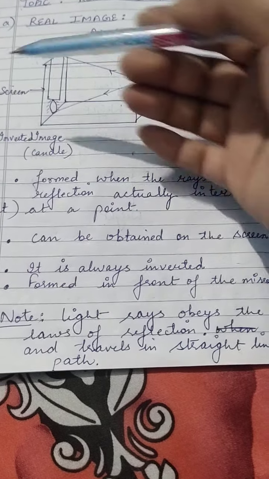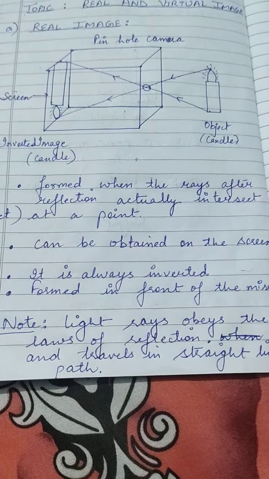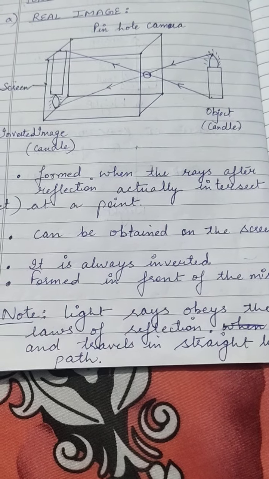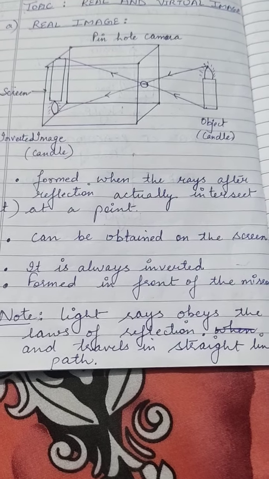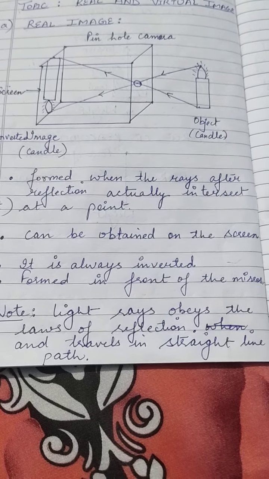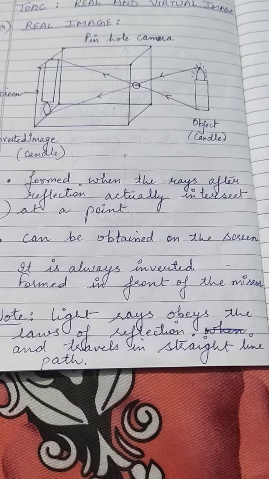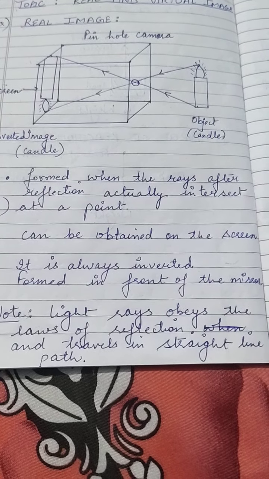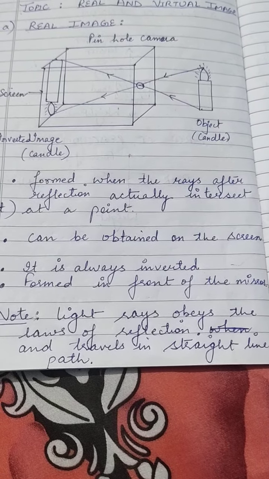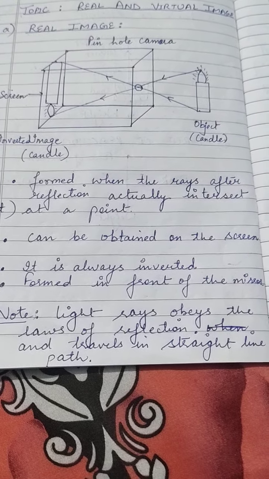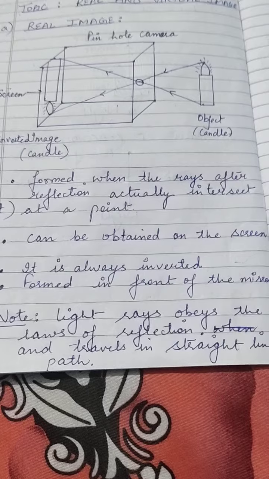So you can see that a screen is there and the real image is obtained on the screen. It is always inverted. So you will see that whenever a real image is formed, it is always inverted. It is formed in the front of the mirror. If we are talking about the mirror, then it will be formed in the front of the mirror.